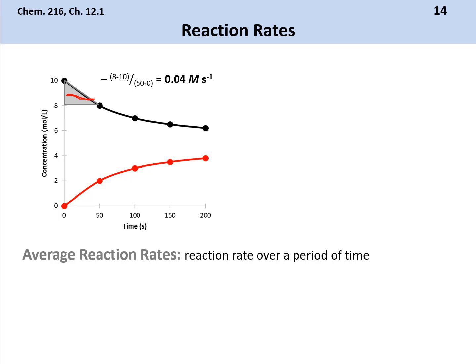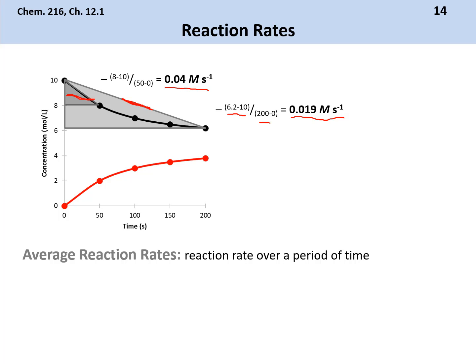So over a different period of time, from 0 to 200, we may have a different rise over run or a different rate. This slope right here is the average rate over that period of time.